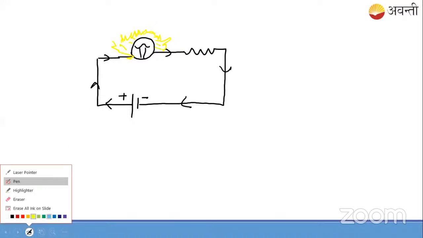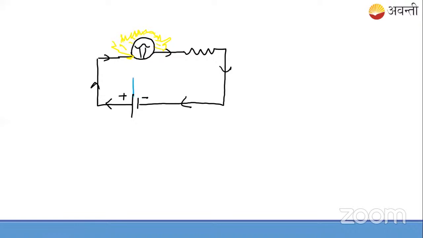If you just watch the directions, this direction is north, this is south, this is west, this is east. Now they say in the question that the proton beam is going in a particular direction. If you analyze this question, the current is going from east to west, and you know that the flow of electrons in the wire is always opposite to the current.